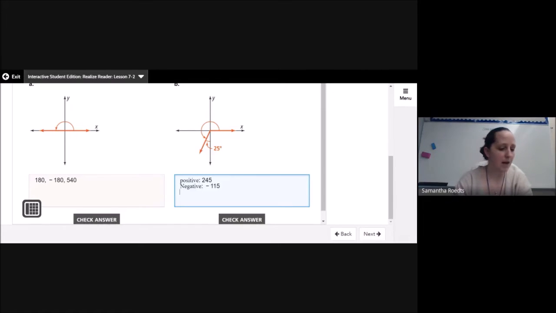And then for my angle measure greater than 360, I'm going to take 245 plus 360, which gives me 605.